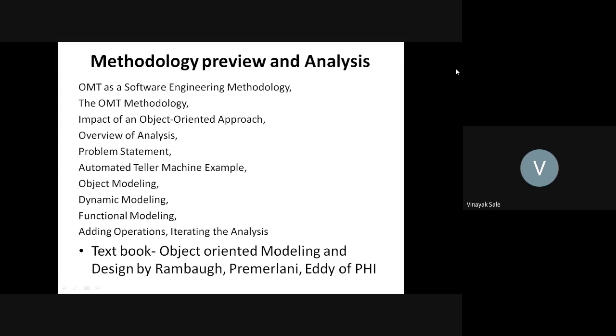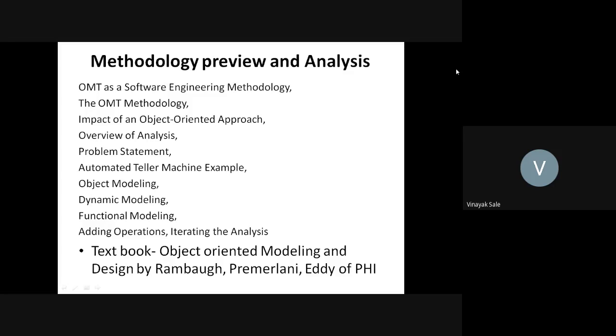In this chapter, we will study OMT as a software engineering methodology, the OMT methodology, the impact of the object oriented approach, an overview of analysis, and the problem statement. The example regarding this is the automated teller machine, that is ATM, then object modeling, dynamic modeling, functional modeling, adding operations, and iterating the analysis.